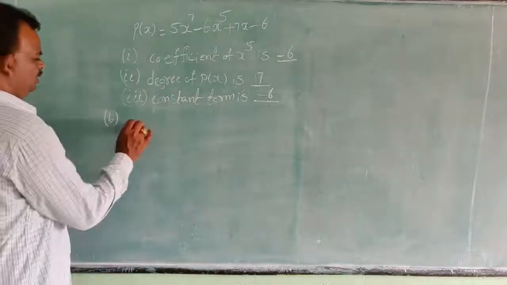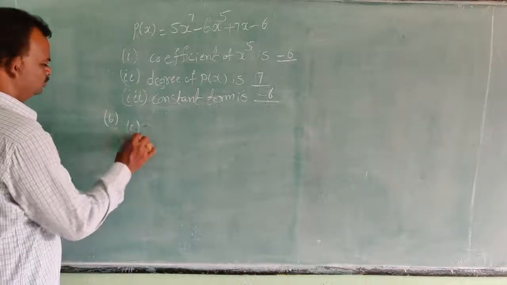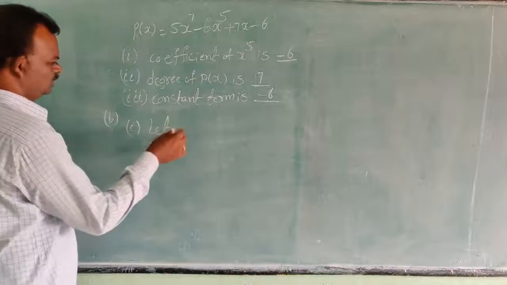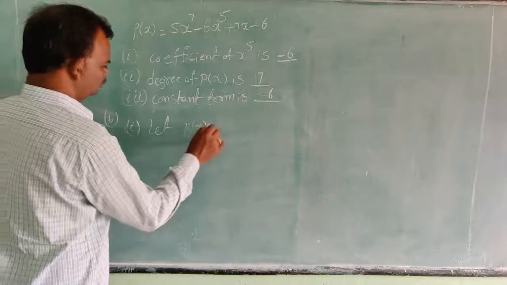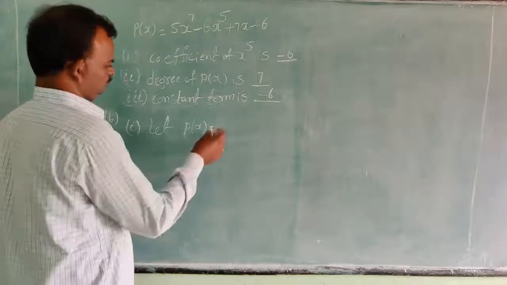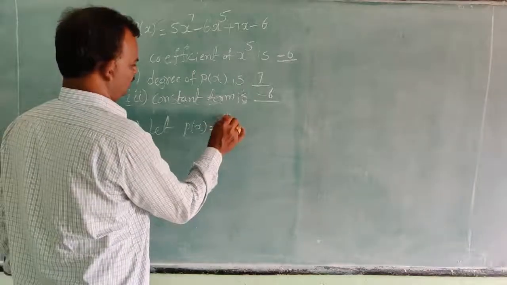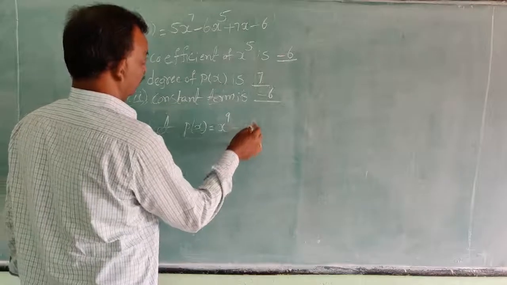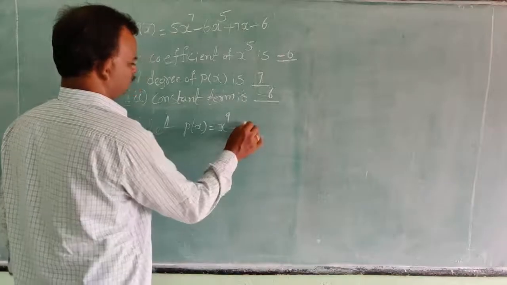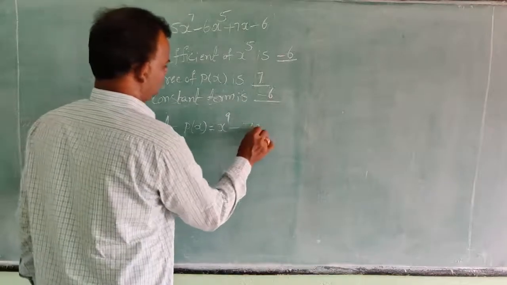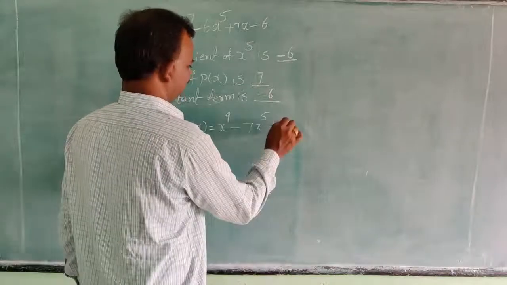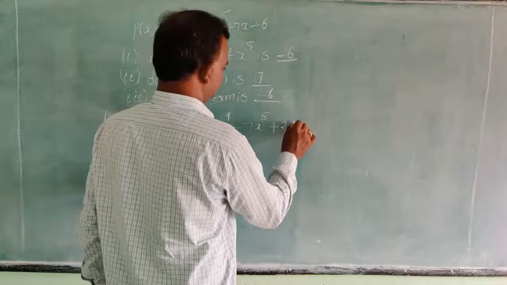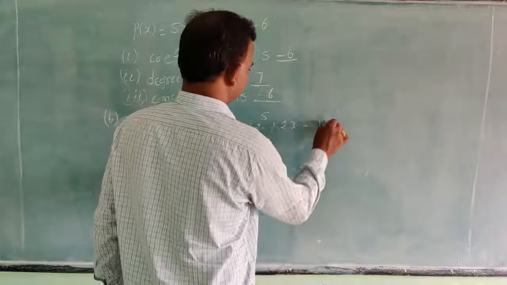Let the first polynomial be p(x) = x^9 - 7x^5 + 2x - 10.